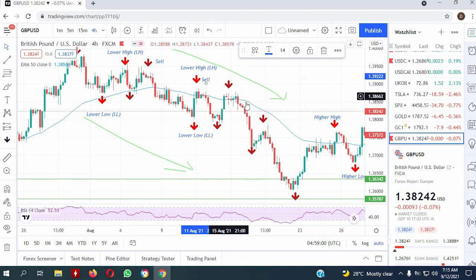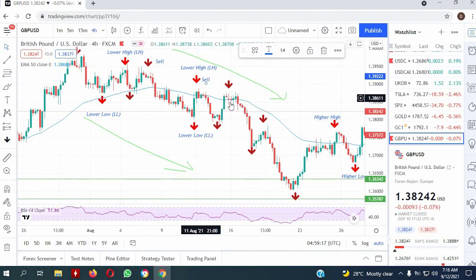Once the market comes back to this area, you just click sell and manage your risk. Put your stop loss behind the last high point, and you're good to go. If you lose, you just move on to the next trade.